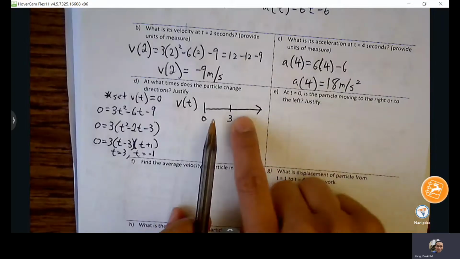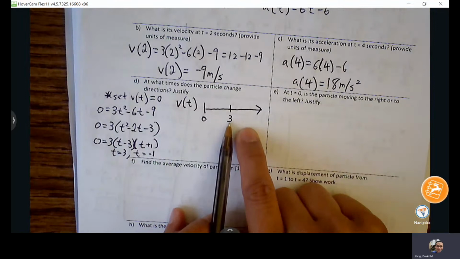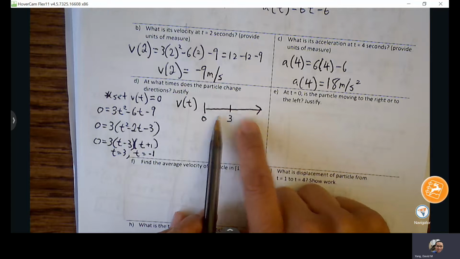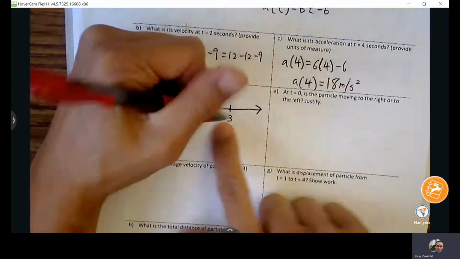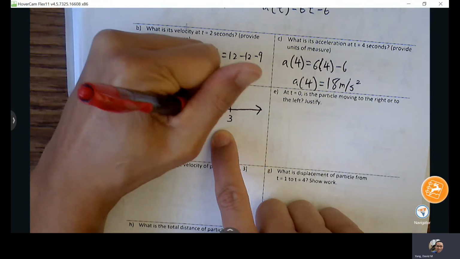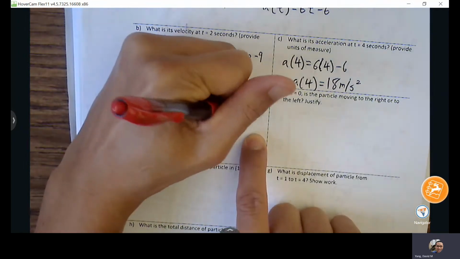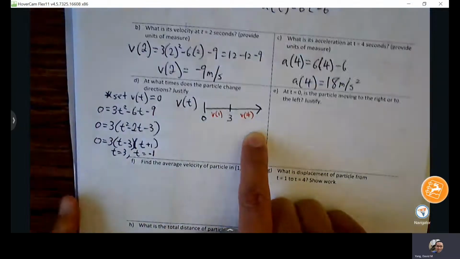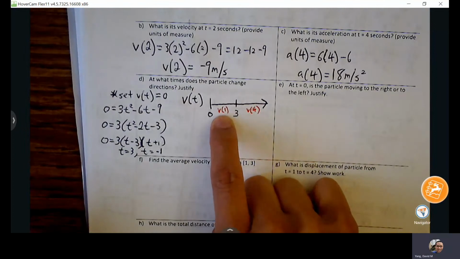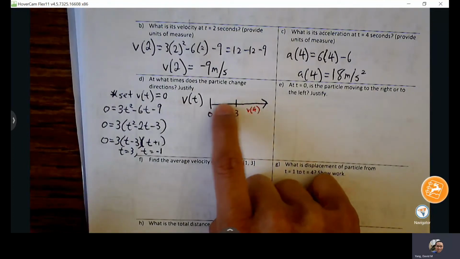We know that at t equals 3, this particle is not moving, but we don't know if it changes direction until we see there's a change in sign. So I'm going to test values in each subinterval as a testing point. I'll test 1 here, and I'll test 4. Each goes into the velocity function. If I know the sign of v of 1, I know the direction of motion for this entire time period.